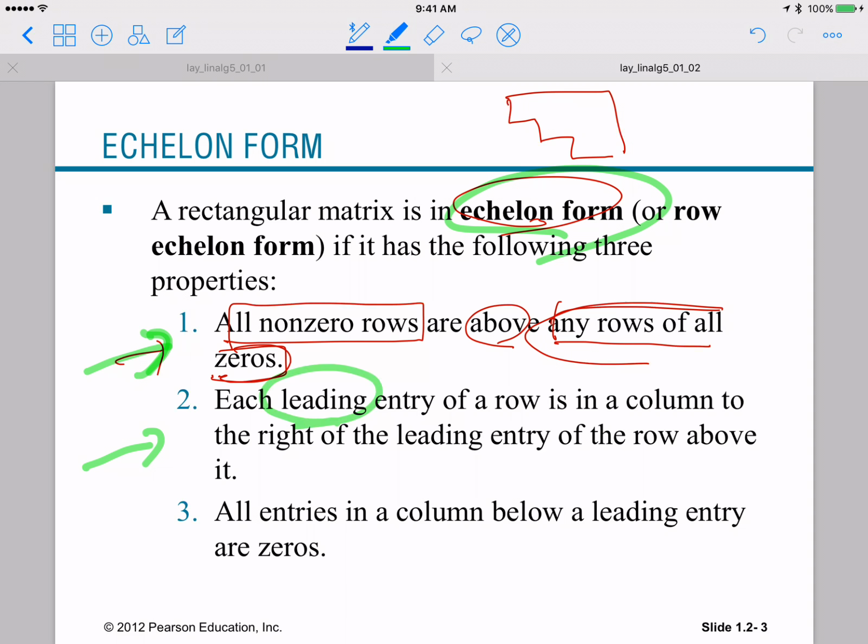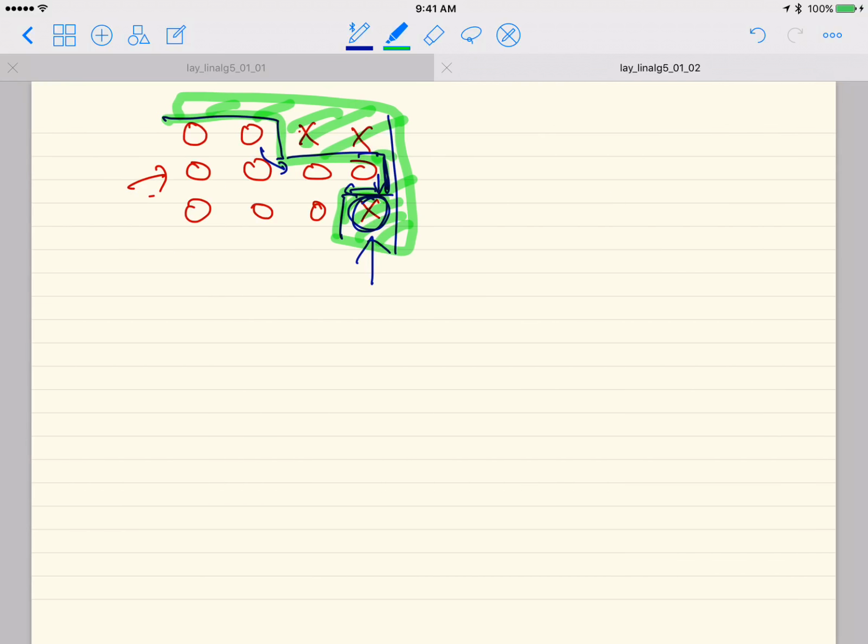So we now consider a leading entry of a particular row. Then we consider the corresponding column, and we look at the bottom of that leading entry, and we should see all zeros below that leading entry. So again, let's see.